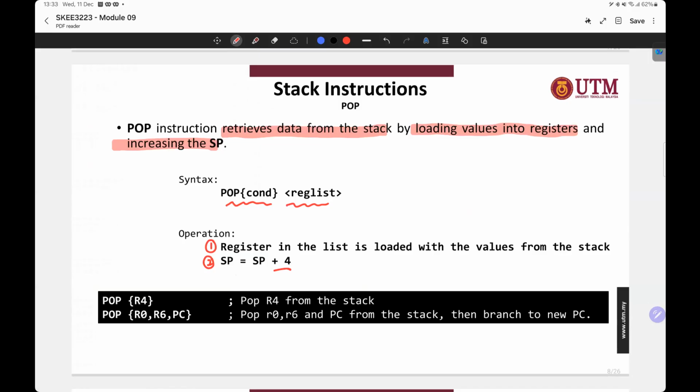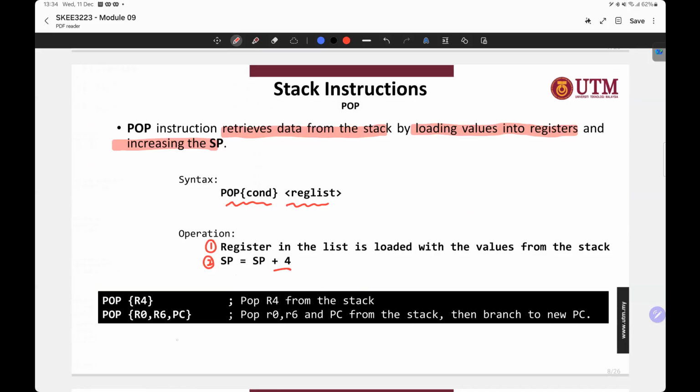For example, we have POP R4 here, which means you're going to retrieve the data from the stack and put it into your R4. The second instruction, POP R0, R6, PC. This time you have multiple registers. You're going to retrieve 3 32-bit data from your stack memory to the registers R0, R6, and the program counter.